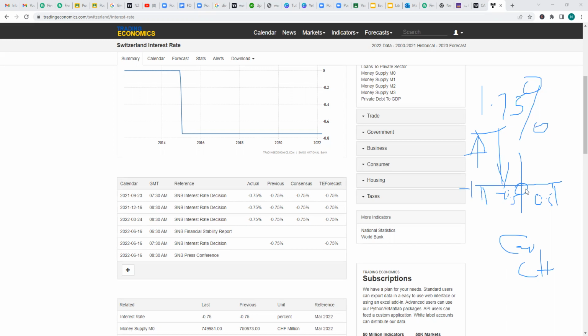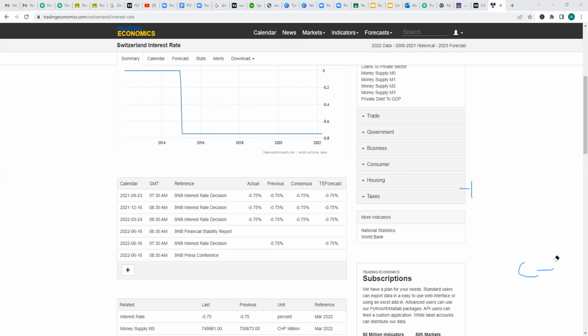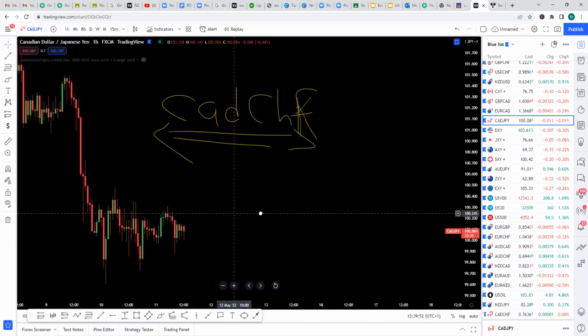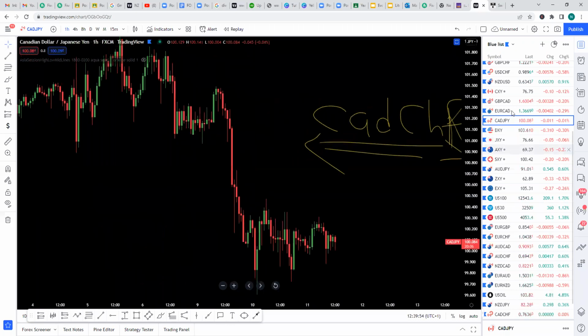After establishing it, what you need to do next is go to your chart and look for a buy opportunity. Do top-down analysis, and then find out how CAD CHF will touch support on a bigger time frame.